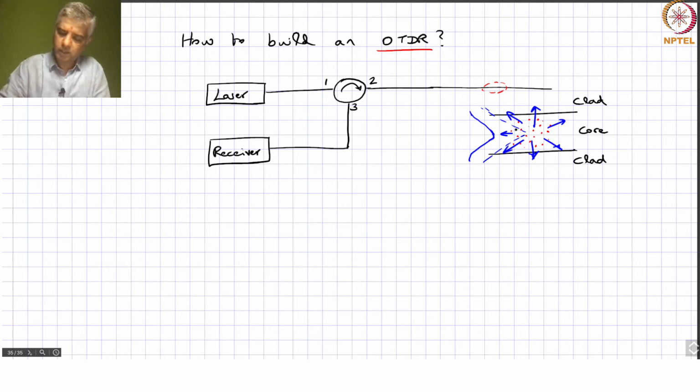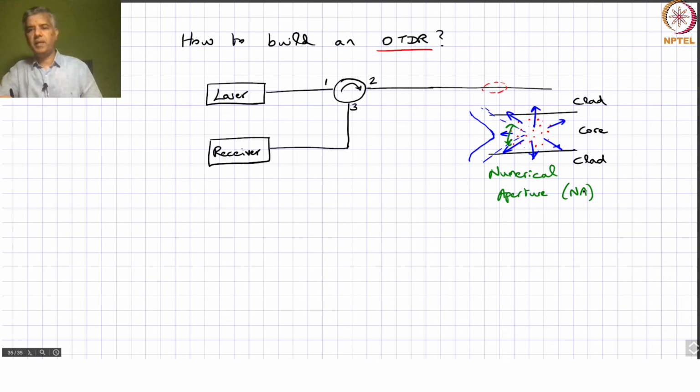That is what we call the numerical aperture of the fiber, in other words called the NA of the fiber.